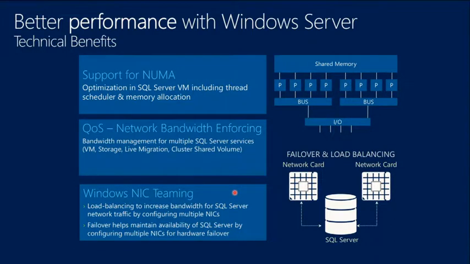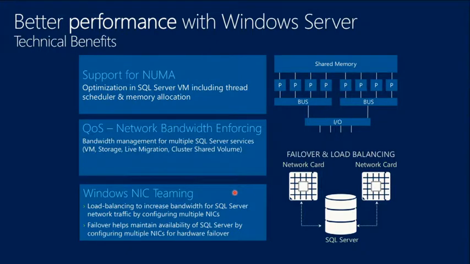So it transfers a lot of data over the network. You can now increase that by using NIC teaming, or you can use it for failover, right? So you can basically control those very easily in Windows Server 2012, which enhances the performance of SQL Server, right, on the networking portion. Okay, so those are the key performance areas.